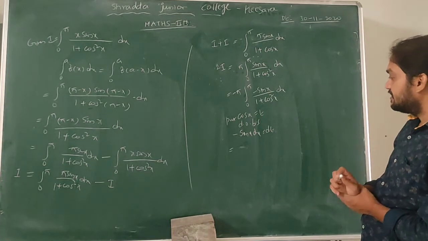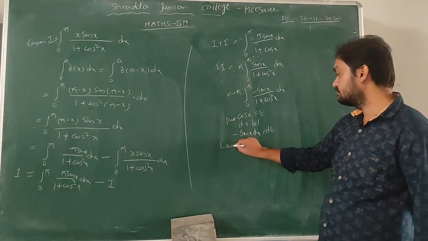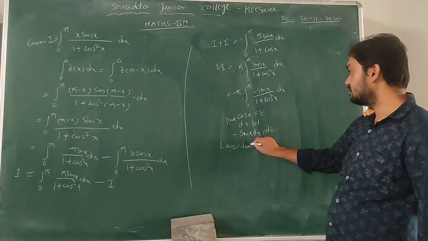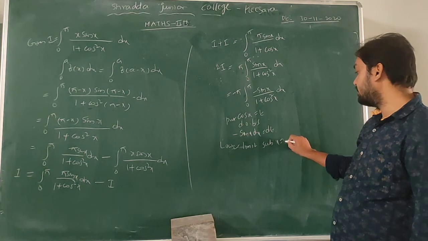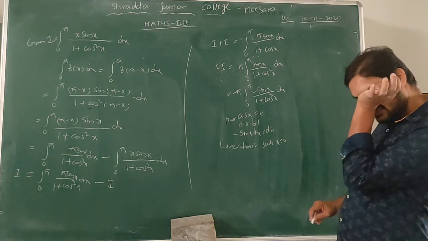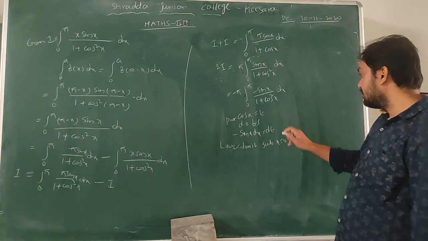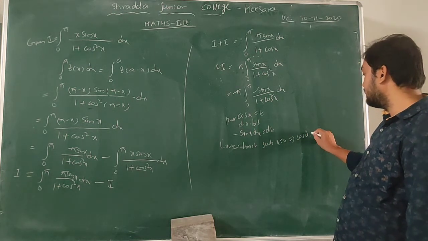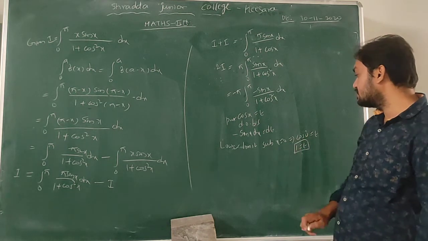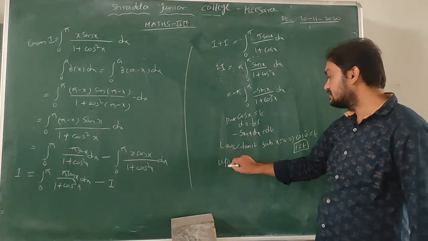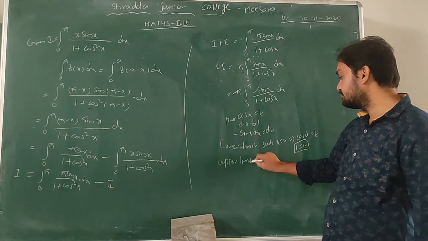Now here, find out the limits. What is the lower limit here? Substitute x equals 0. Then what we are getting here? Cos 0 equals t. What is cos 0? That is 1. t equals 1. And what is the upper limit here?